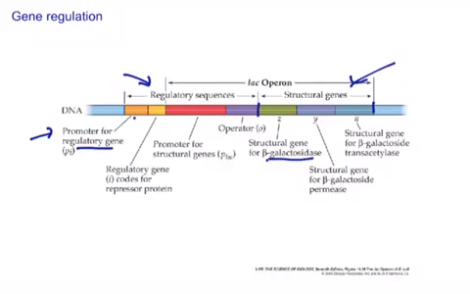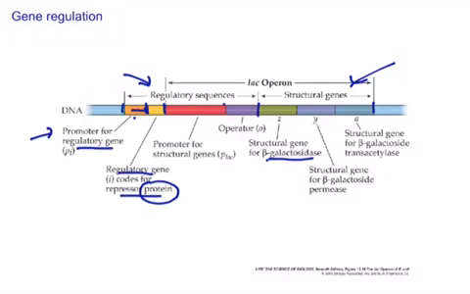So we have a gene that is going to code for a regulatory protein, in this case a repressor protein. So this section of the DNA is referred to as the promoter for the regulatory gene, so it helps to regulate the regulatory gene. This is the regulatory gene here, which will code for a repressor protein. To repress something means to stop it, so this is a protein that is going to stop something happening. So the regulatory gene codes for a repressor protein.